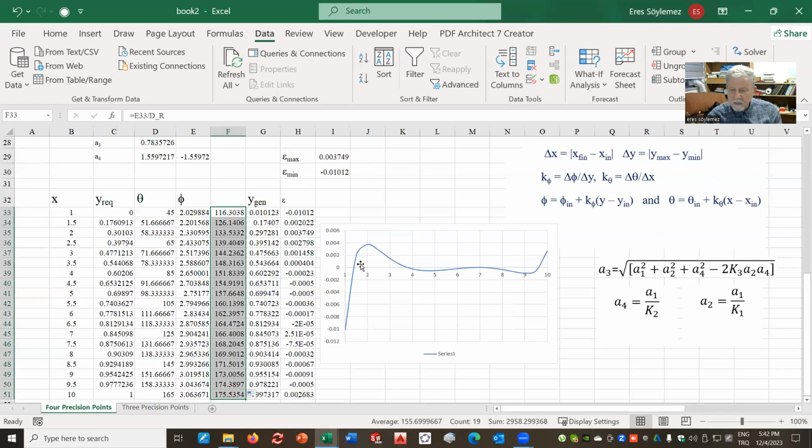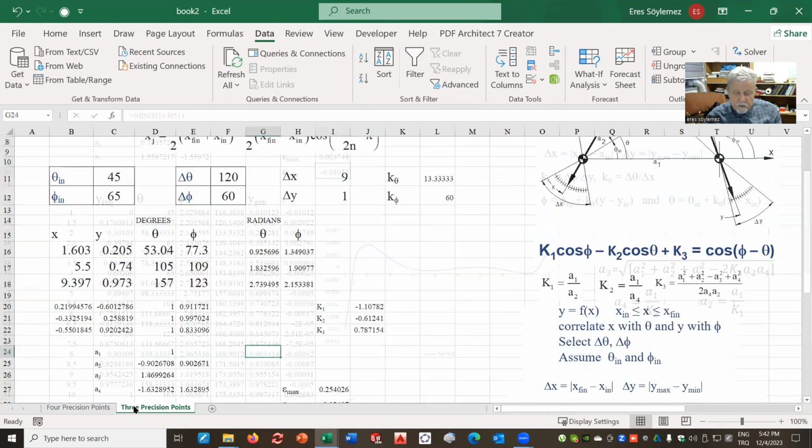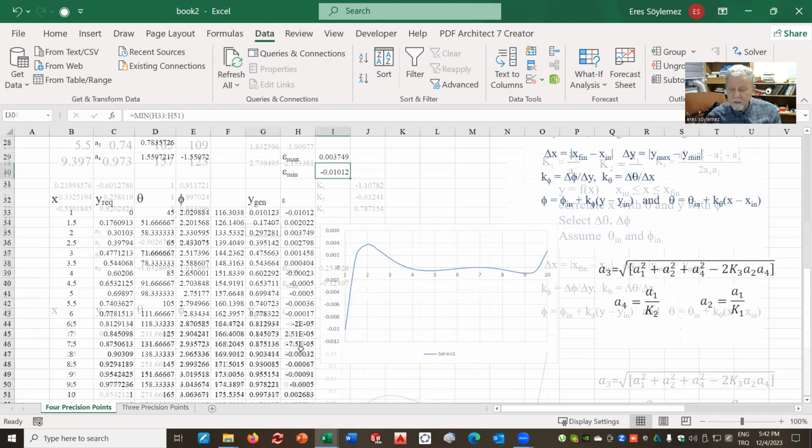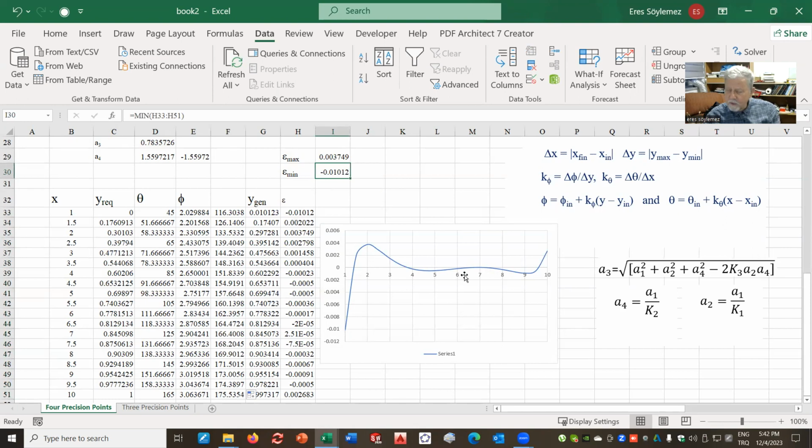Voila. As you can see, this is the curve. Now, if you look at the error, the maximum error is 0.01. Compared to 3 precision point synthesis, which was 0.25, it is a huge improvement. In fact, by moving this precision point closer to 1, you may decrease this value, and you can move these precision points.